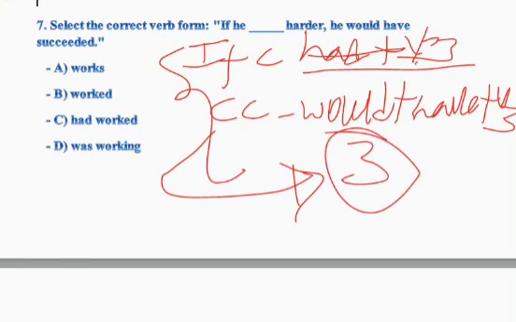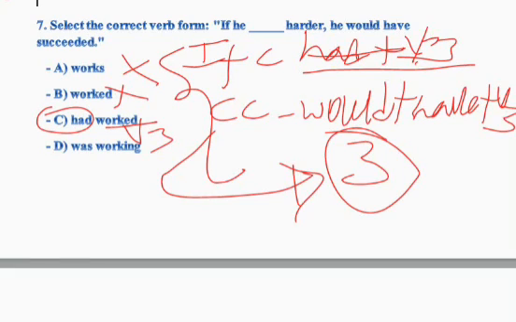On the base of this, which options would satisfy? A, work, is simple present tense, doesn't work here. B, worked, simple past, doesn't work here. C, had worked, had plus verb 3, in the form of V3, so this could be an answer.